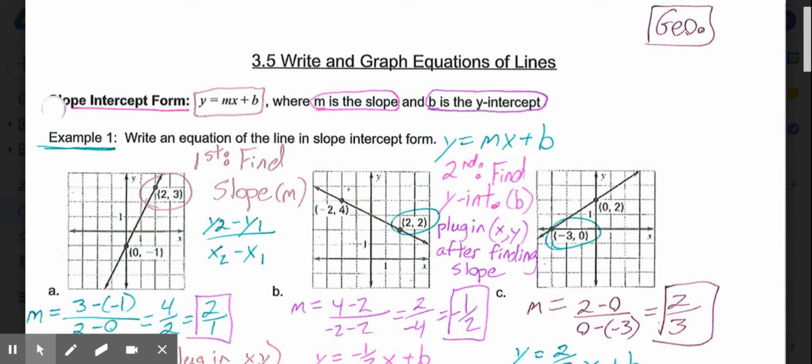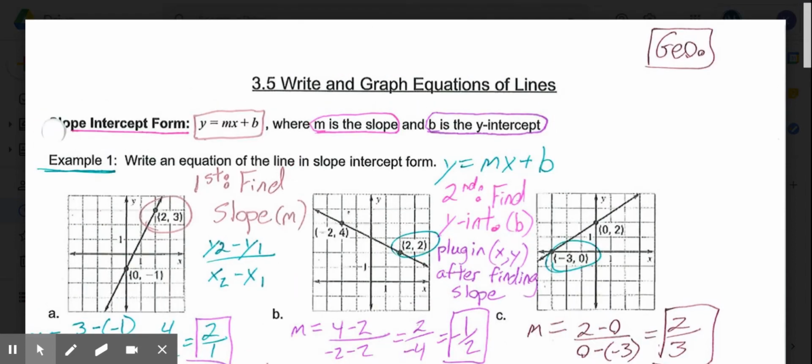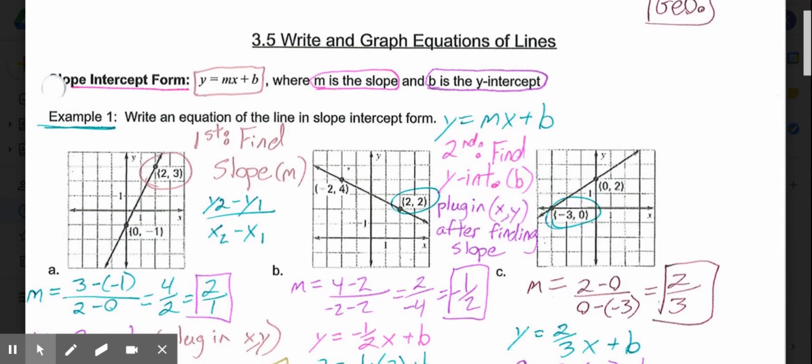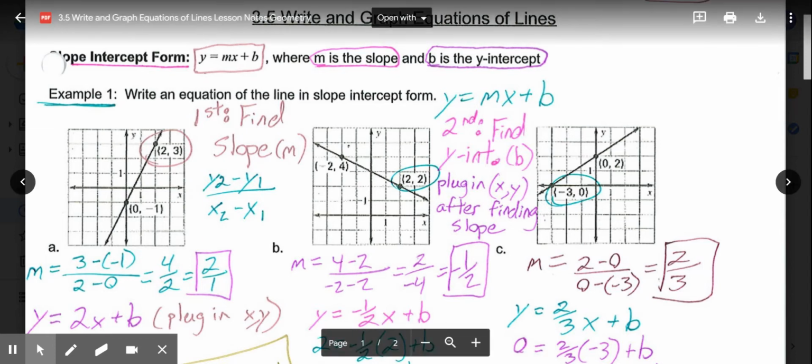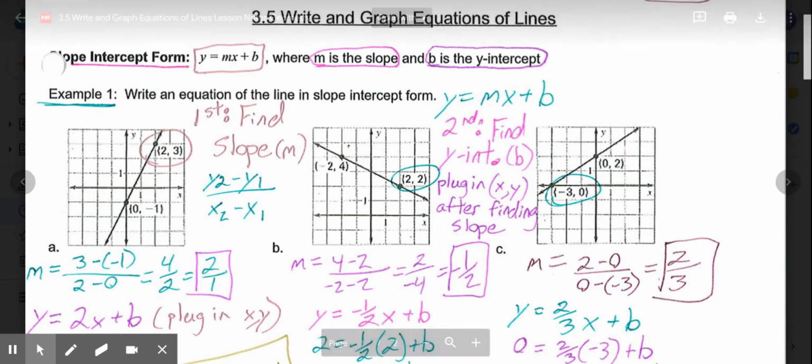So the way that we can take a graph and write an equation is by first finding the slope and second finding the y-intercept, before the third step, writing the final equation, y equals mx plus b. So to find the slope, we've already done this in our last few lessons. We're doing change in y over change in x.